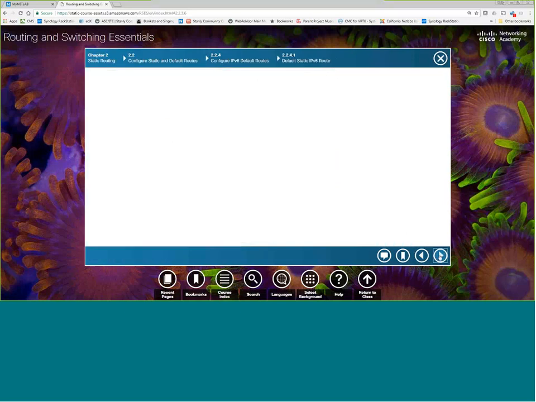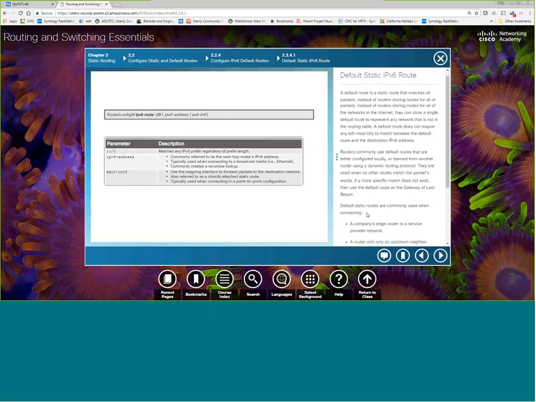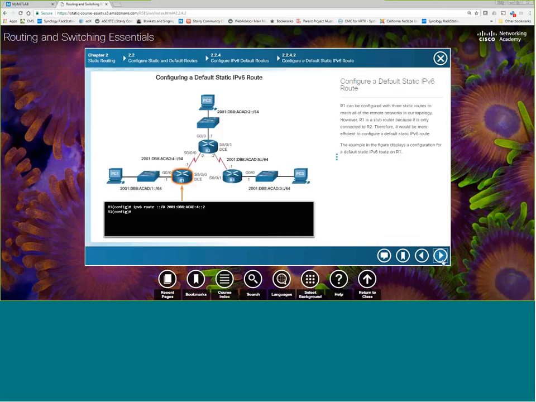So default route, a little bit different because it's colon colon, which means all zeros. Remember, we can replace all hextets with zeros by putting colon colon. And so in this case, ::/0 means all zeros. And then anything you don't have a direct IPv6 route to, send it on this path. Typically, again, a company edge router or a router with only one upstream neighbor, so a stub router.